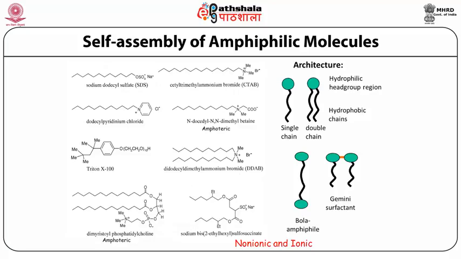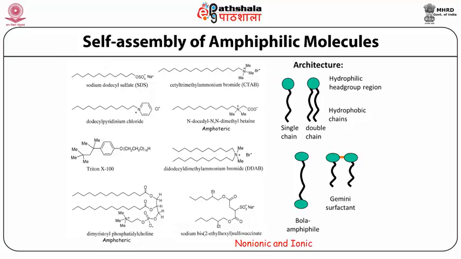It can also be a CTAB-based surfactant where you have a C16 chain, but in the head group you have a trimethyl ammonium group, or you can have the head group as a pyridinium group, or there are some examples like that, or you can have a non-ionic head group, something like what you see in Triton X-100.